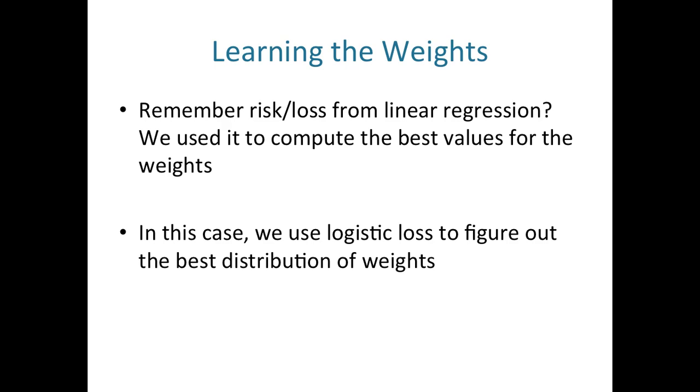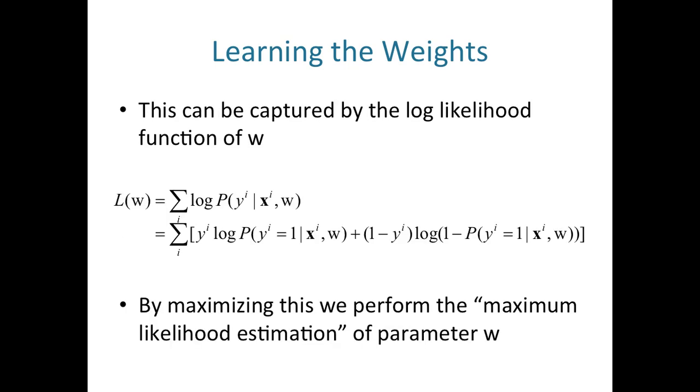We take the training data, and part of the training data is used to cross-validate the model. So what are the weights that will minimize that risk or loss, that will minimize the difference between the actual output and the output that we are looking for? In this case, because we are talking about logistic regression, we are going to define logistic loss. But it's exactly the same thing.